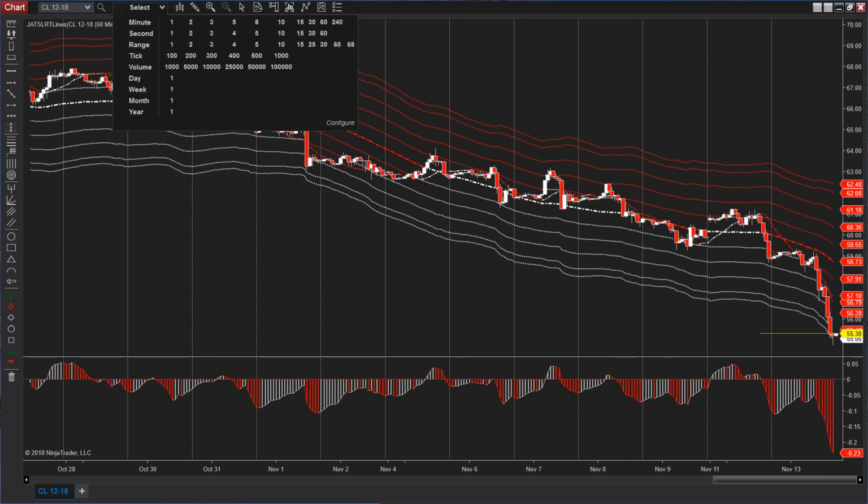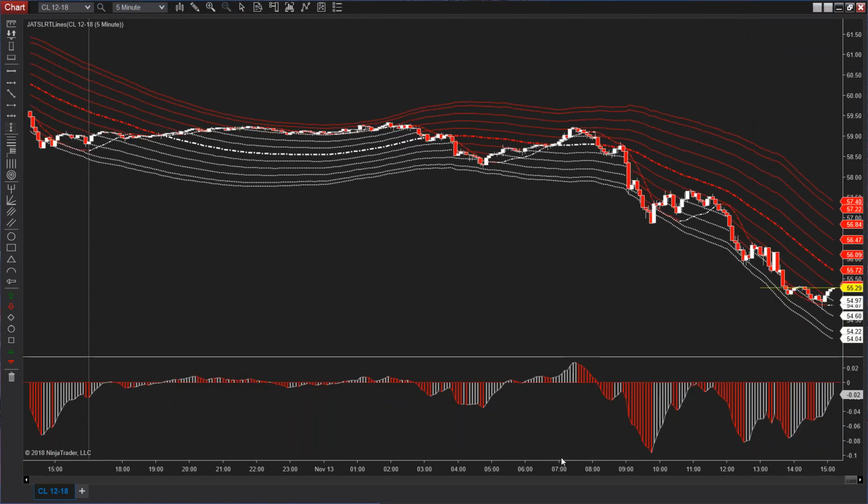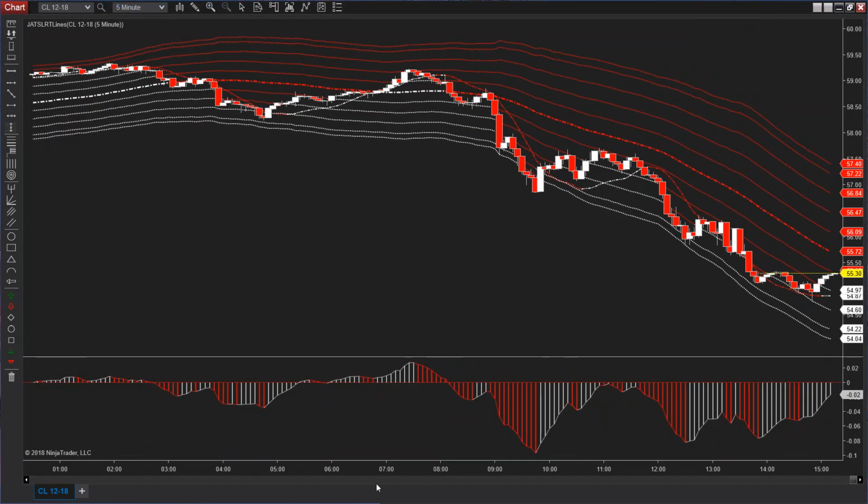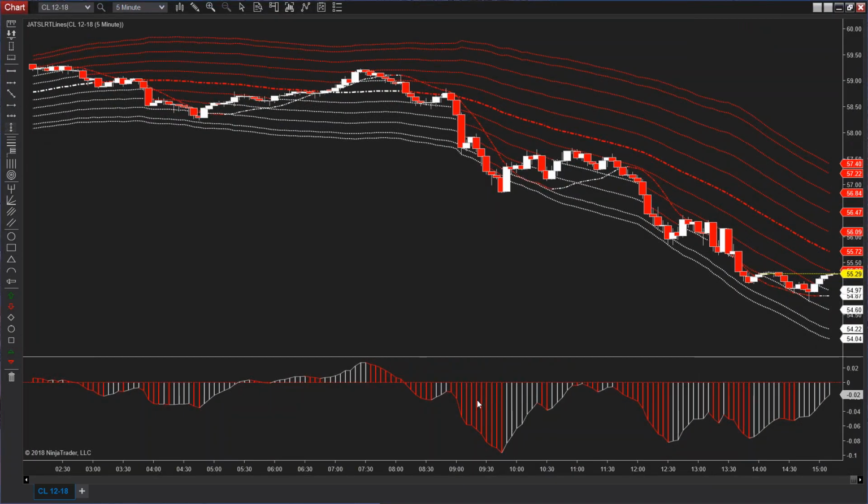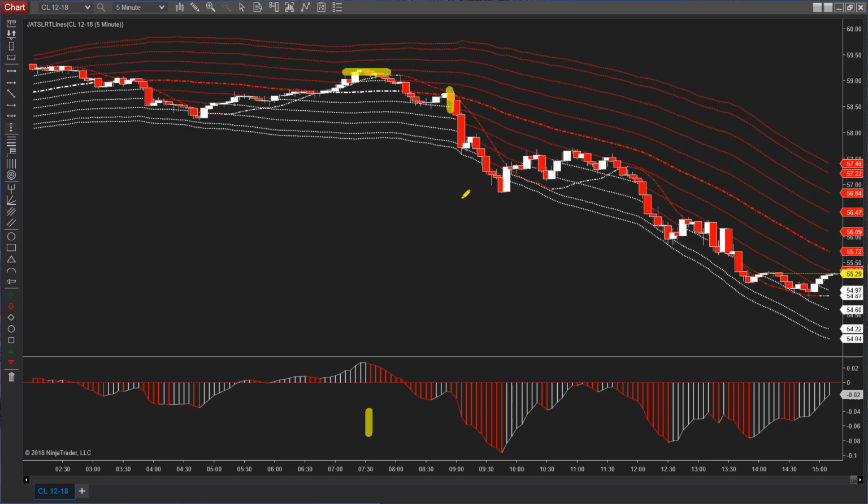Here it is on a 5-minute if you want to see the intraday moves. It started out selling our levels, right? That was the big trade today at 7:30 this morning. And you just wait for, here's your linear regression mean.